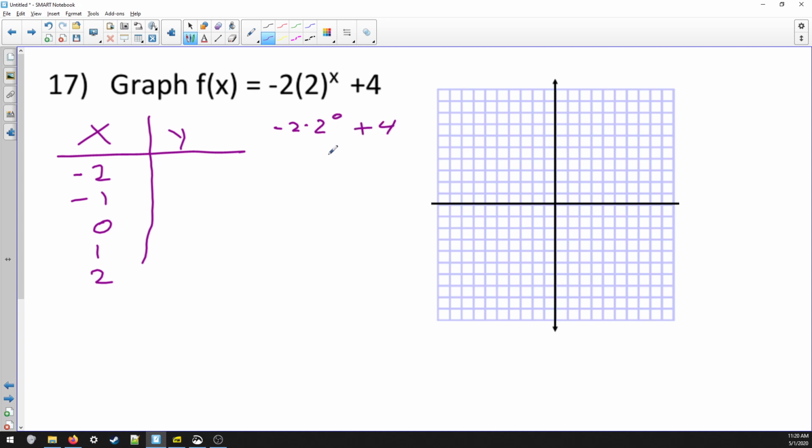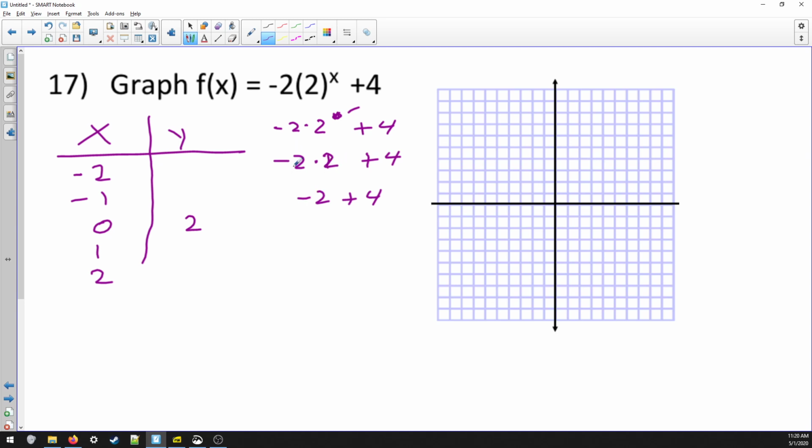2 to the 0 power is 1, right? So this is going to be -2 times 1, which is -2 plus 4. So that looks like a 2, okay? So when I plug in 0, we get back 2. Okay? We'll do the rest of these a little faster. If I plugged in a 1, this is going to be 2 to the first power, which is 2.